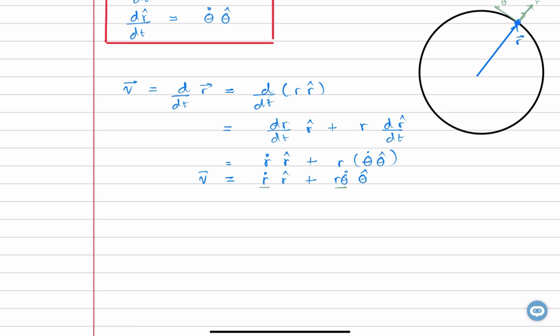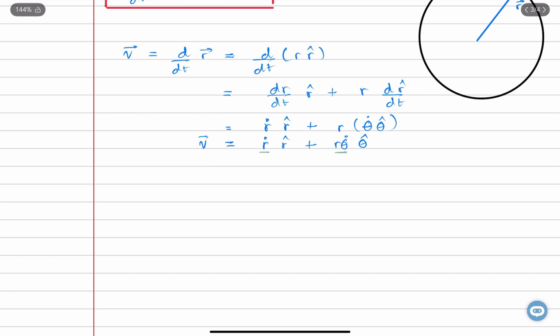On the other hand, if it happens that the magnitude of the position doesn't change over time, then I only have the theta hat component to deal with, and that would give me the familiar case of circular motion, right? So this is why we divide this.